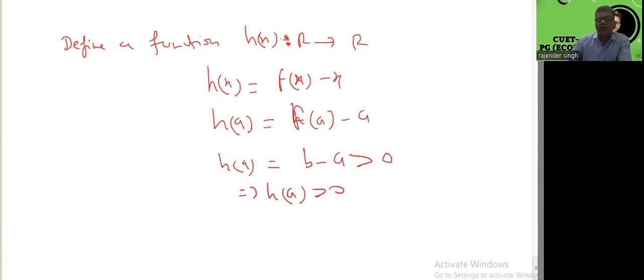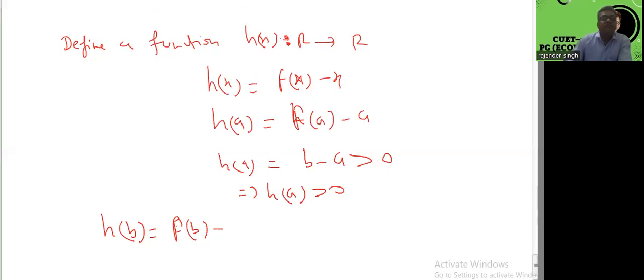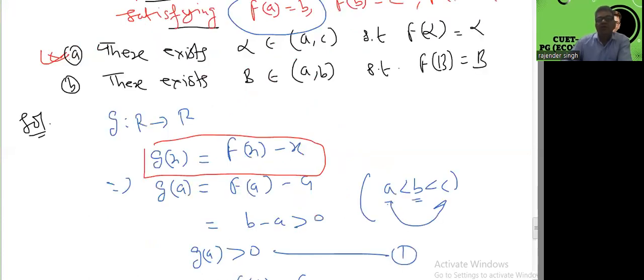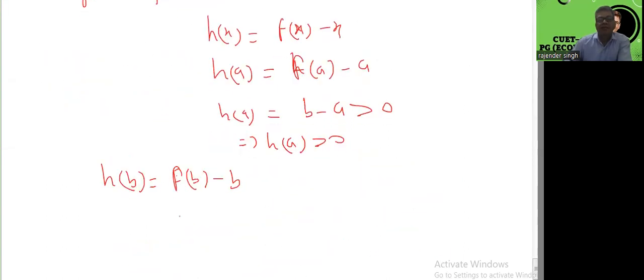Now, let us find the value of h of b. h of b means f of b minus b, right? Now, what is the value of f of b? f of b means c, right?